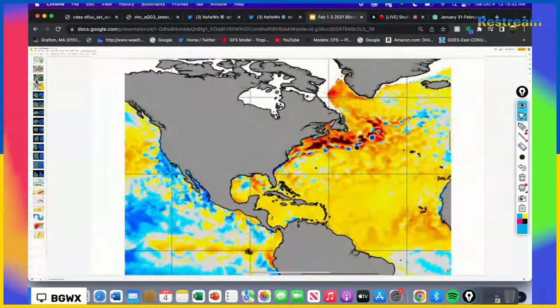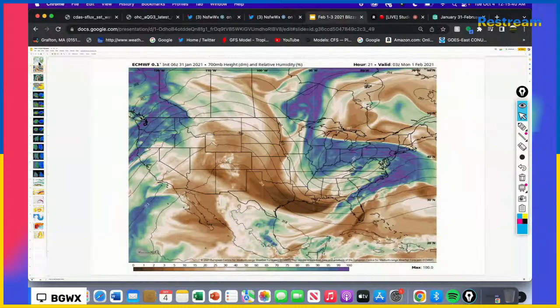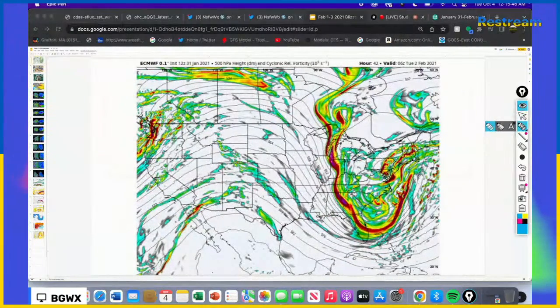But with such a deep trough base pulling down some polar Arctic air, that's how you're able to create and manufacture a lot of cold air in the system. So the backside of this trough has really got a lot of cold air. This is cold air diving down.